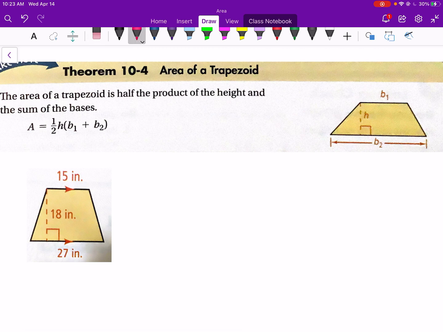So we are going to find the area of this trapezoid in this first example. So we have the two bases, which are 15 and 17, and we have the height, which is 18. So all we need to do here is plug this into our formula. So the area is 1/2 times the height, which in this case is 18, times base 1 plus base 2.